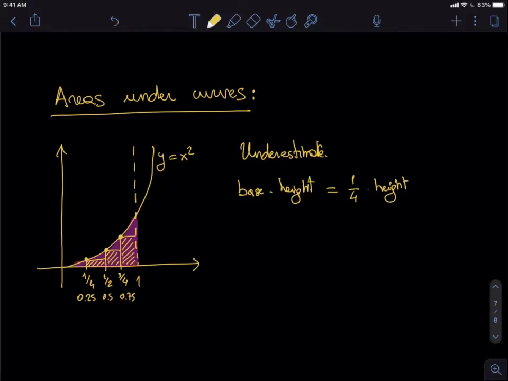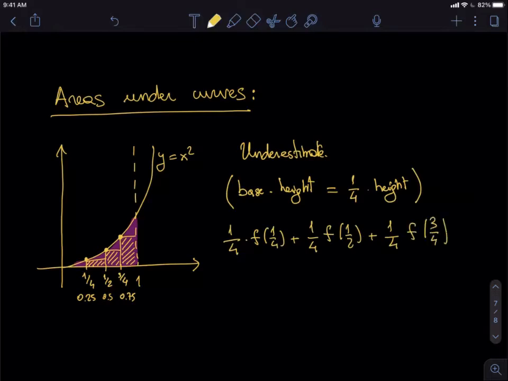So what I'm going to get for the estimate is 1/4 times f of 1/4, that is the area of the first rectangle, plus 1/4 times f of 1/2, the second rectangle, plus 1/4 times f of 3/4, and that's the third one.